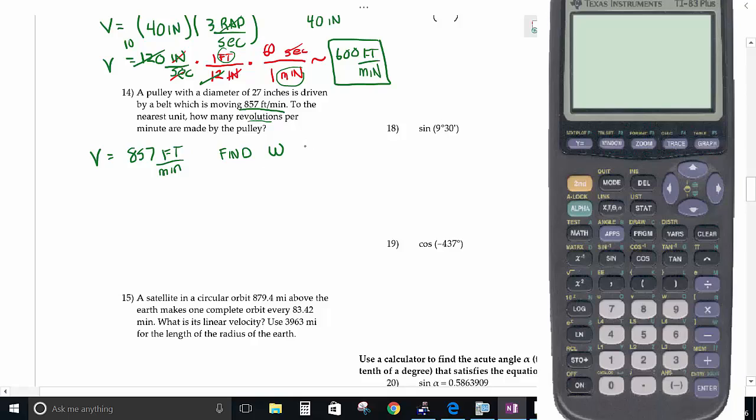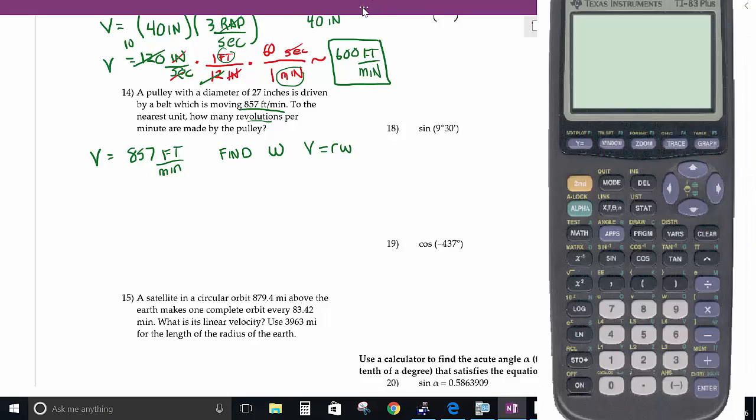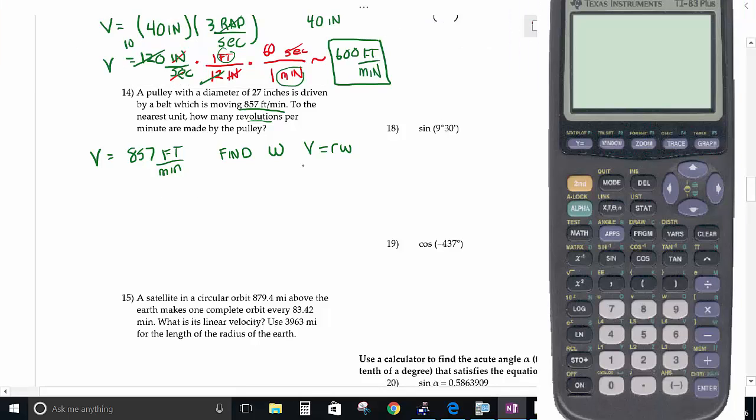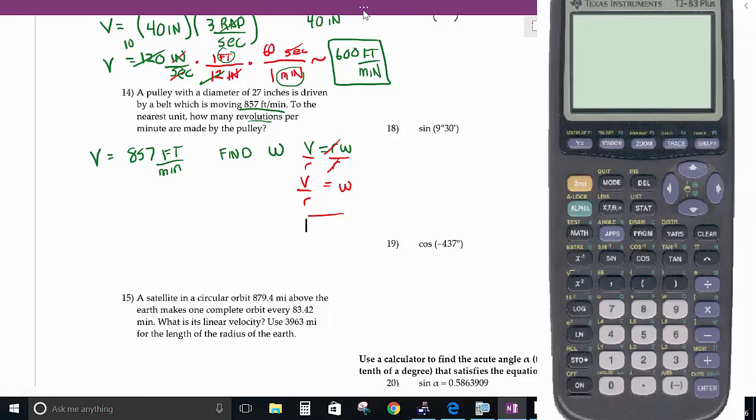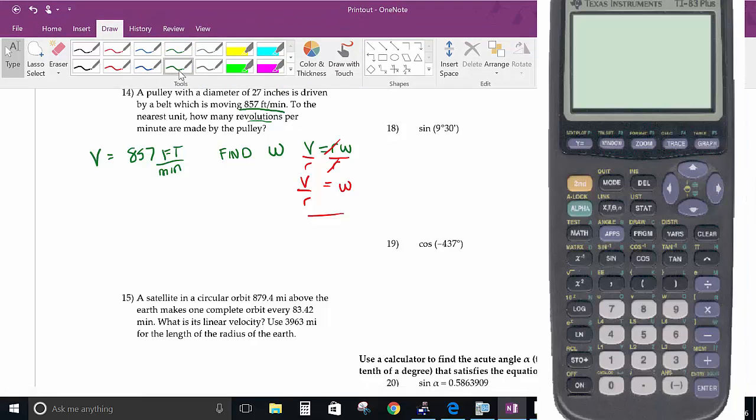The formula that we use that connects these two is this. Okay, so if we're going to find that angular velocity, we already know the linear velocity. So what we can do here is solve this equation for omega right now. So we would have omega equals V over R. Okay, so that's what we're going to end up using in this first step of the problem then.